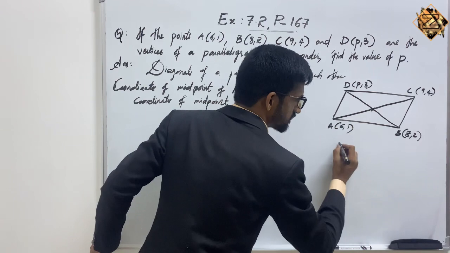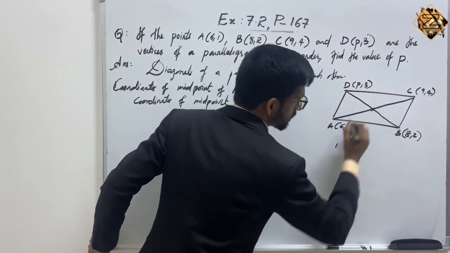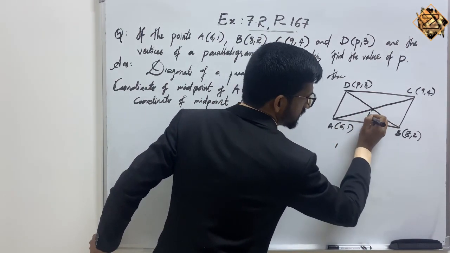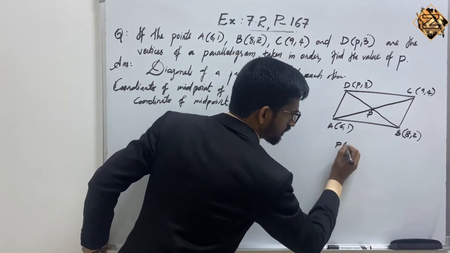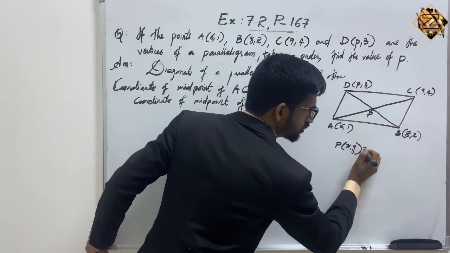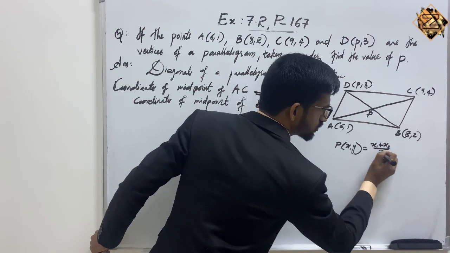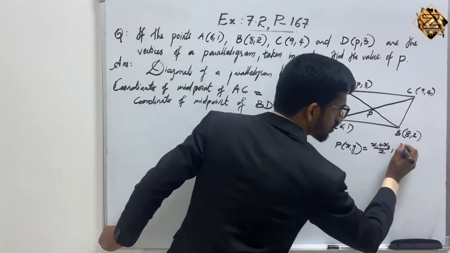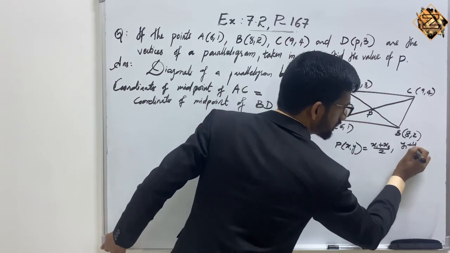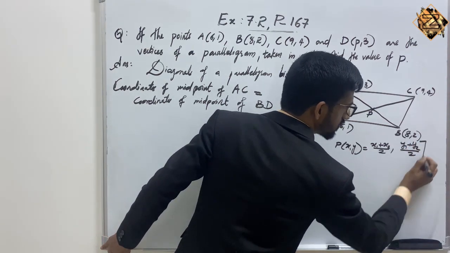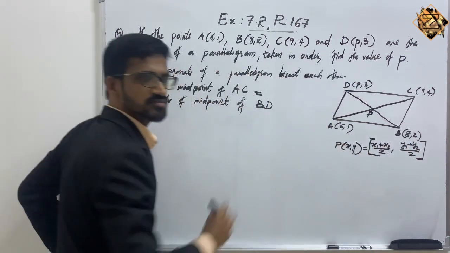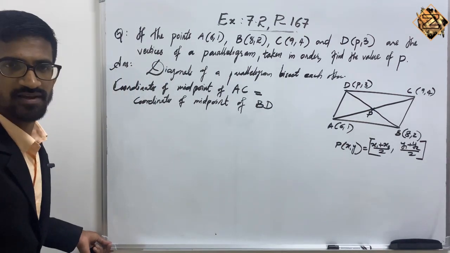So the midpoint formula, it is what? Let P be the midpoint. So the coordinates of P, (x, y), equal to ((x1 plus x2) by 2, (y1 plus y2) by 2). This is the x coordinate, comma the y coordinate. Okay, students. So this will give us the midpoint of a line segment.